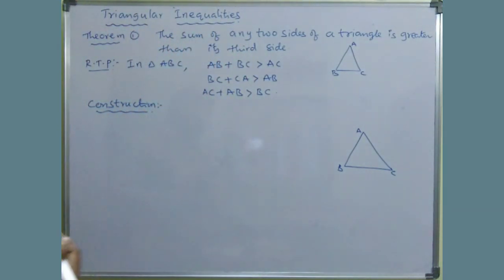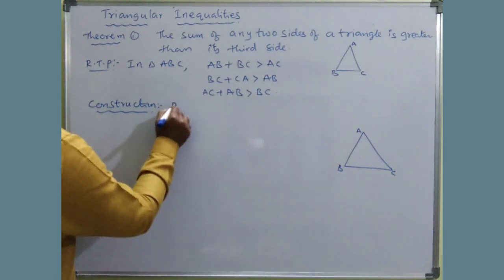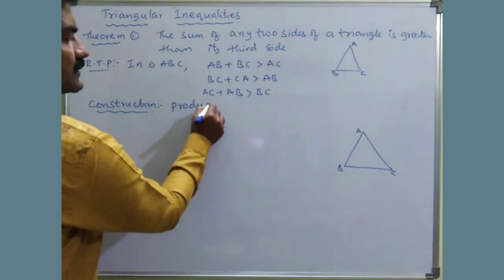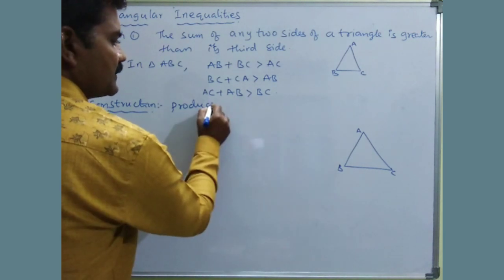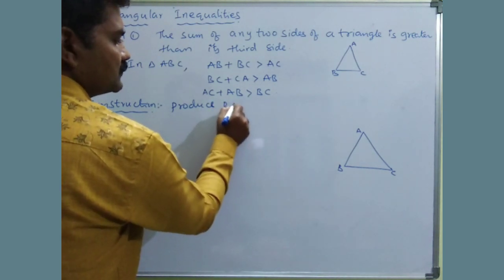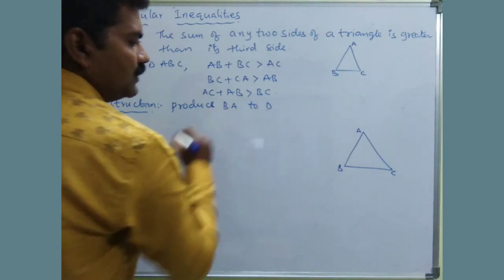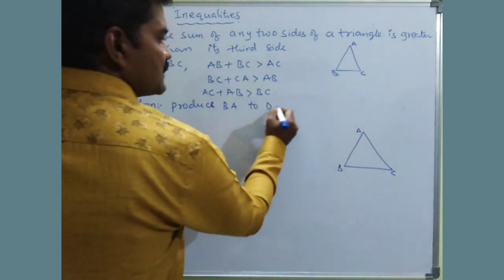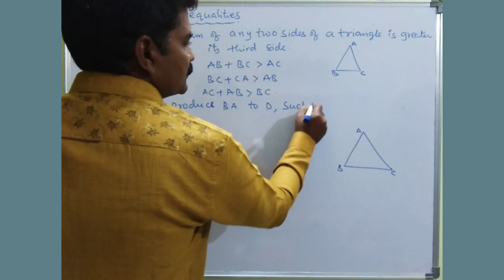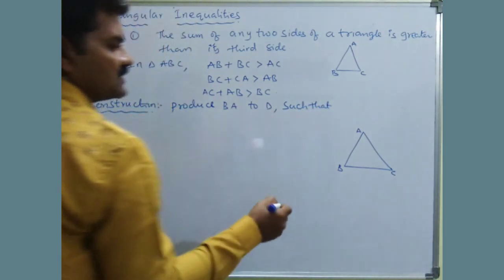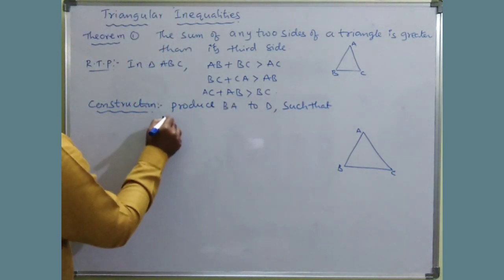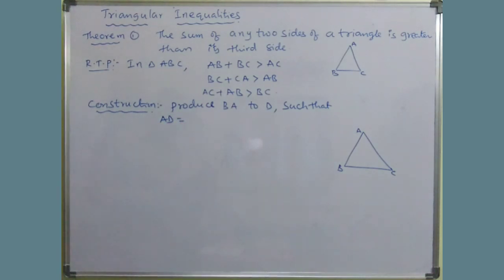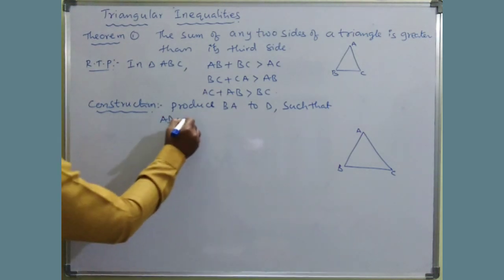So here the construction is produce BA up to D, such that AD is equal to AC.